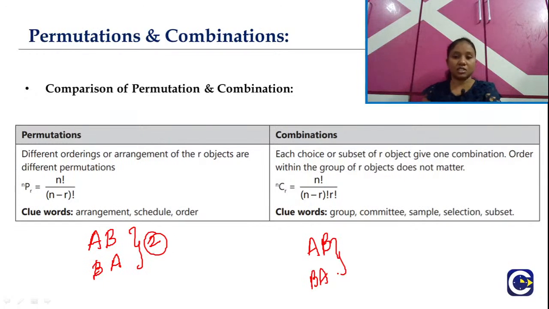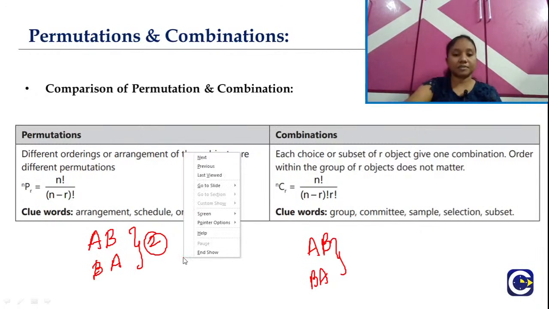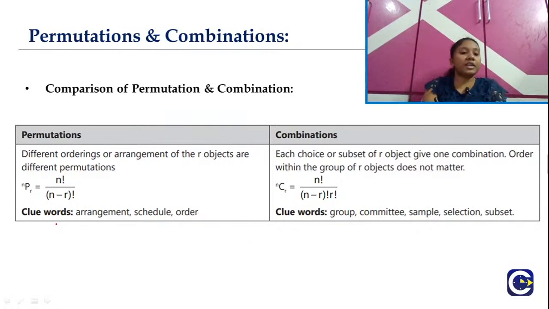order does matter. Right. So now we can have some clue words which state that here we have to do this permutation and here we have to go by this combination. So let's have a look at the clue words which trigger us to use permutations or combinations. The clue words related to permutations are arrangement, schedule, order.